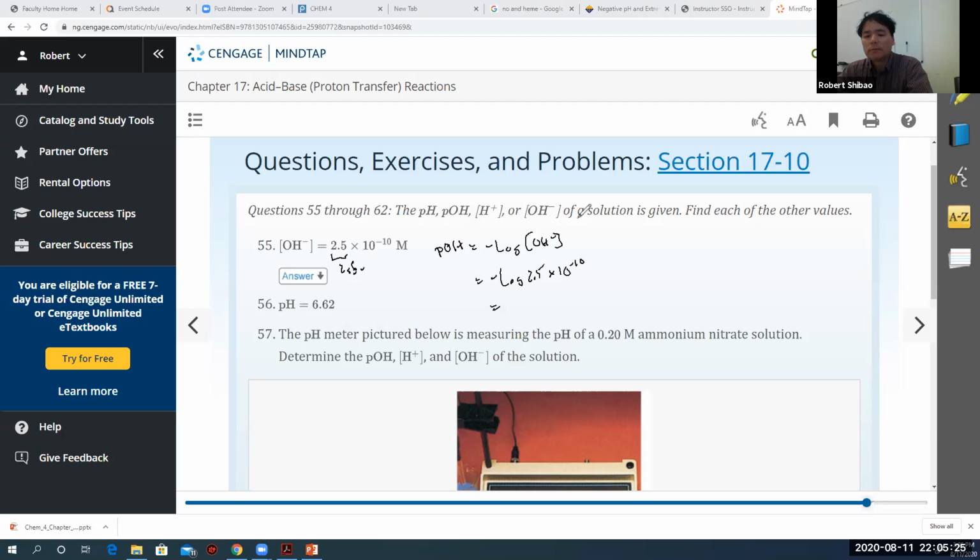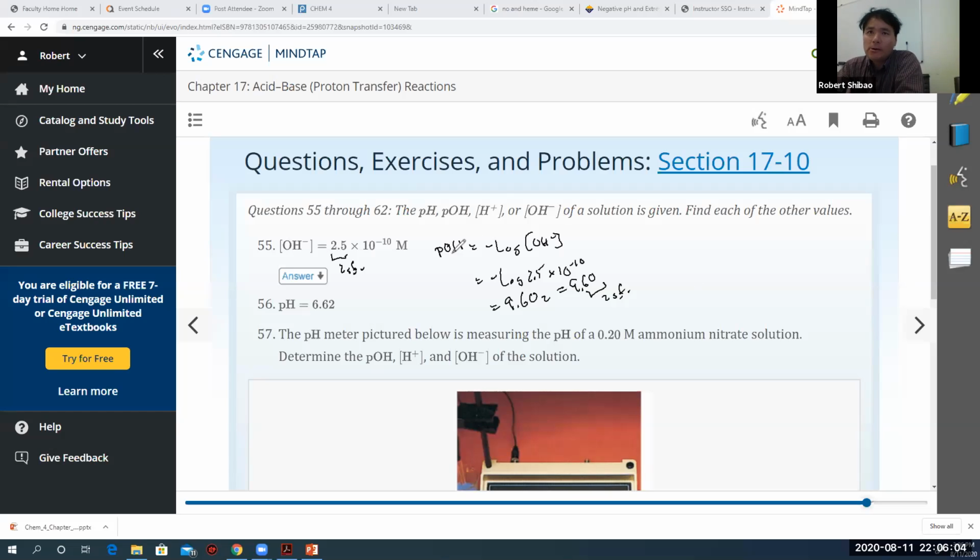I'm going to do negative log base 10 of 2.5 times 10 to the minus 10, equals, and I get a pOH of 9.6. Now, what do I do about the sig figs? That's 2 sig figs, so I'm going to write this as 9.602, which rounds to 9.60. This is 2 sig figs because anything to the left of the decimal is a placeholder.